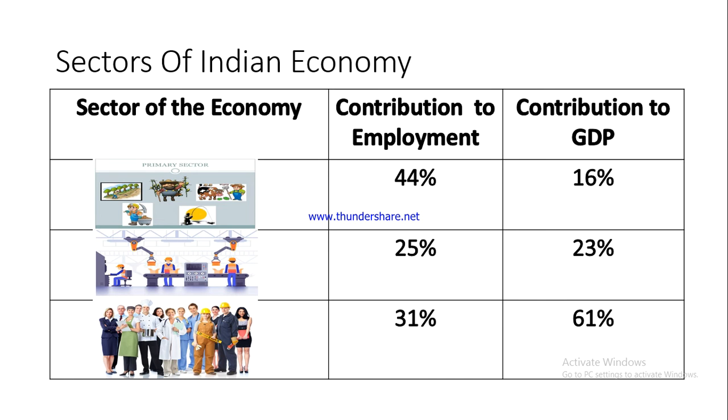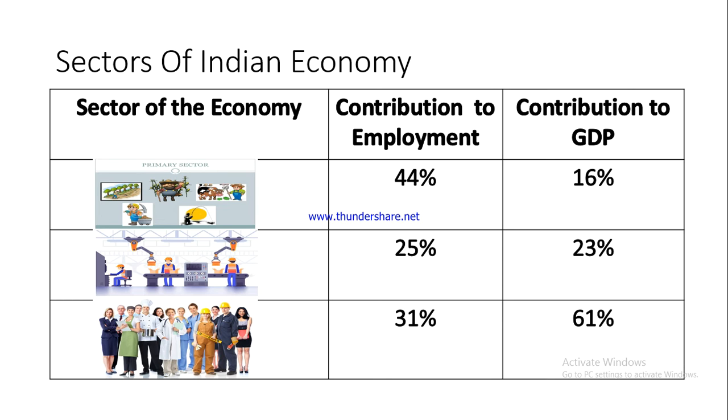So, contribution to employment: as far as the primary sector is concerned, it employs 44% of our workforce, almost half of the jobs, just a tad smaller than half of the jobs.